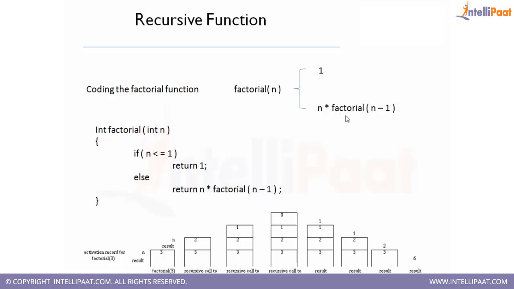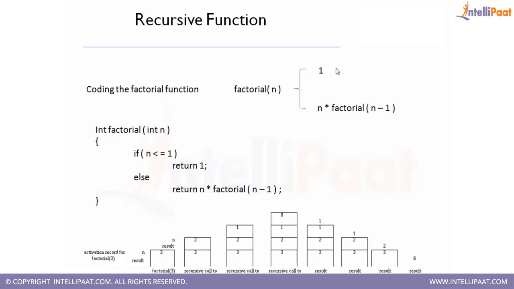So if I can solve factorial of n minus 1, I'll get factorial n. So we'll be solving this recursively. So we found a subproblem. And what is our exit condition? Whenever I reach n equal to 0 or n equal to 1, I'll be returning 1.